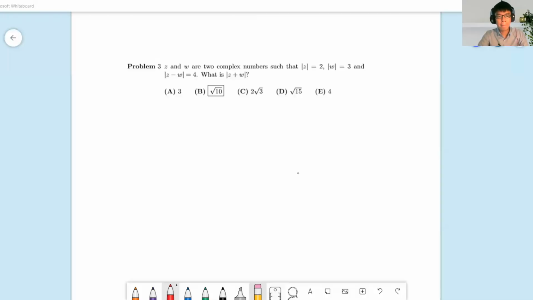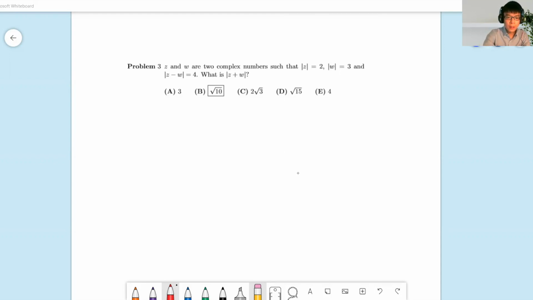Question 3. Z and W are two complex numbers, such that Z has the modulus 2, W has modulus 3, and the difference has modulus 4. What is the modulus for the sum? Right here, let's use the definition of this modulus and its property.